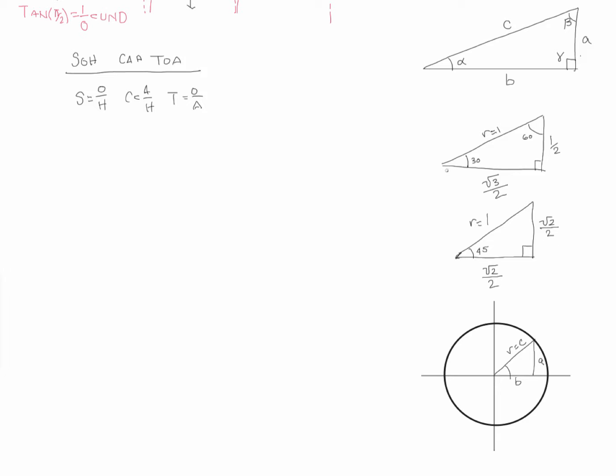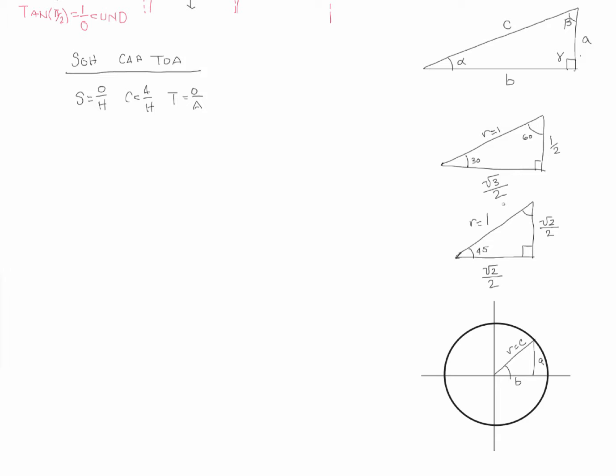What I've given you are three fundamental triangles. You're going to see these everywhere, and we're going to build our table with this information. What you're looking at here is, of course, the 30, 60, 90 triangle and the 45, 45, 90 triangle. And we're going to treat the hypotenuse as the radius all the time.